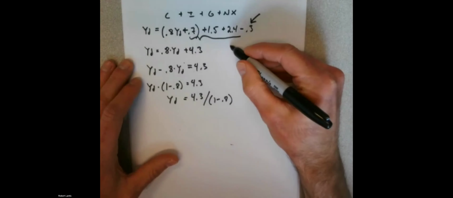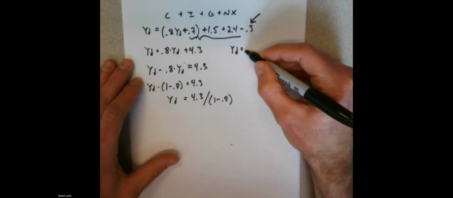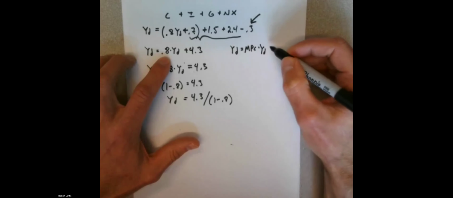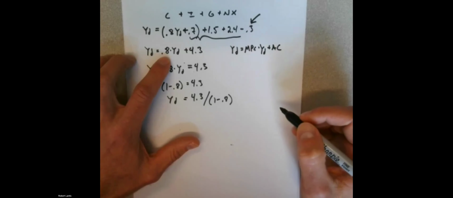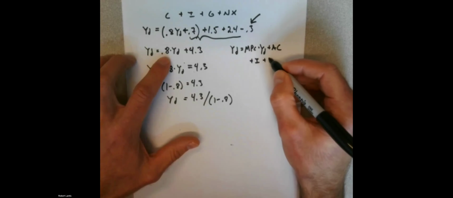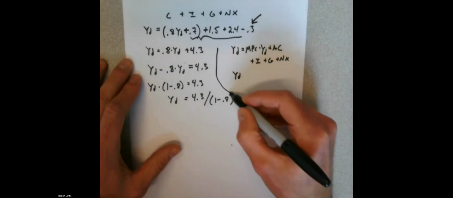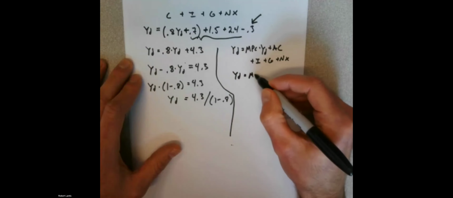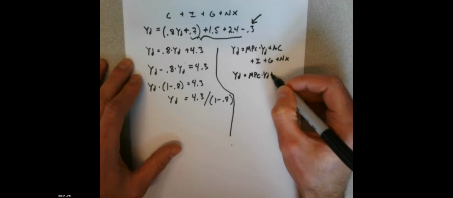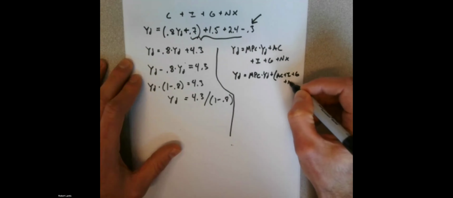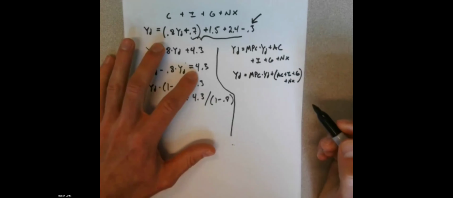Now, what was I doing really in this general form? I had that marginal propensity to consume, our 0.8, times the level of disposable income, plus our autonomous consumption, plus I, plus G, plus net exports. When I was adding all of these up, that's where we were coming up with that 4.3.